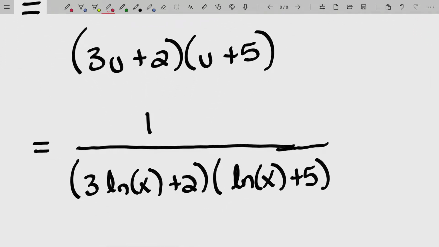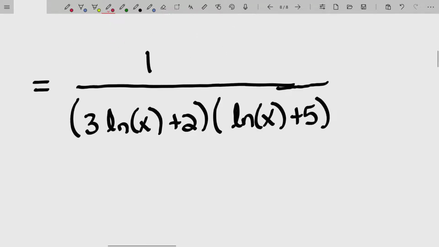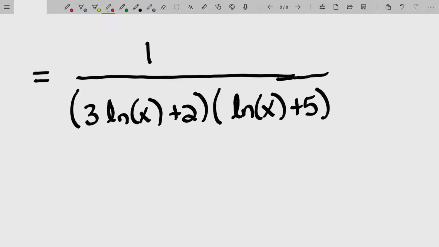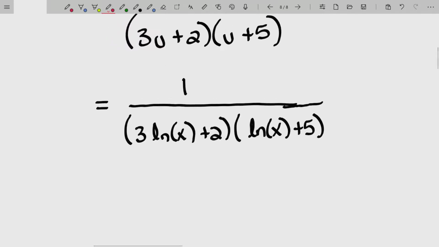Once we get here, we still have to say x must be positive, but there might be other restrictions. And the other restrictions here are that you can't have division by 0. That's really the only other restriction. So 3 times the natural log of x plus 2, well, that cannot be 0. Or you could say it equals 0 and solve. It doesn't really matter to me.